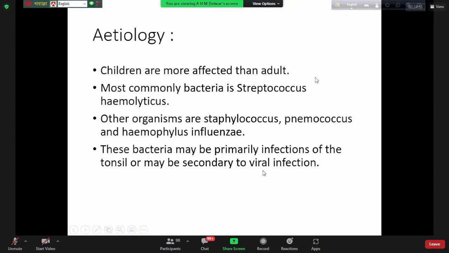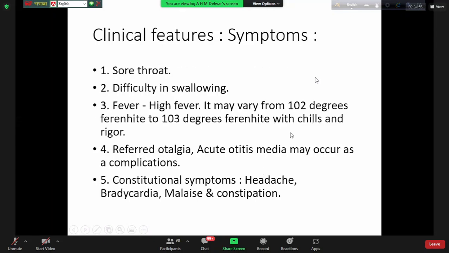This is important. What are the clinical features? Clinical features include symptoms and signs. When a patient comes to you, what is the complaint?